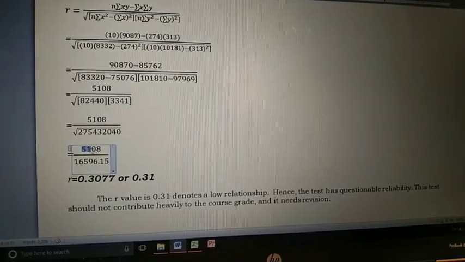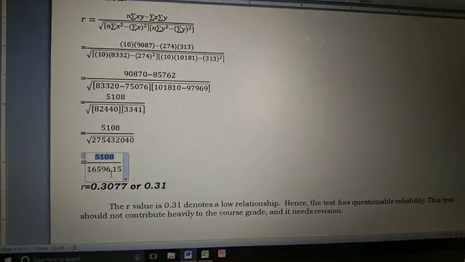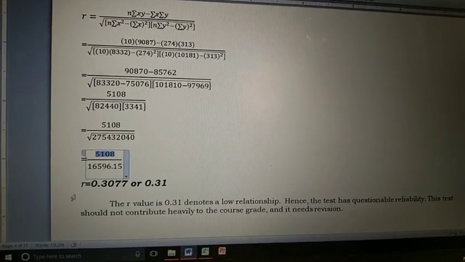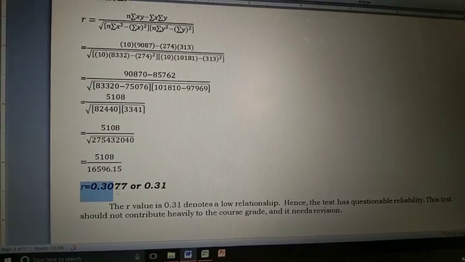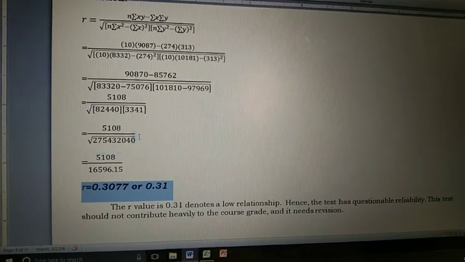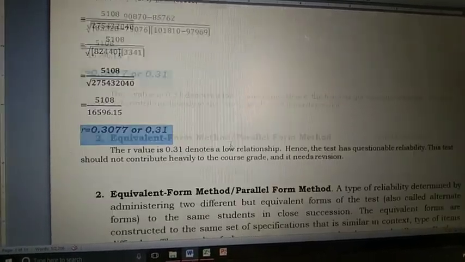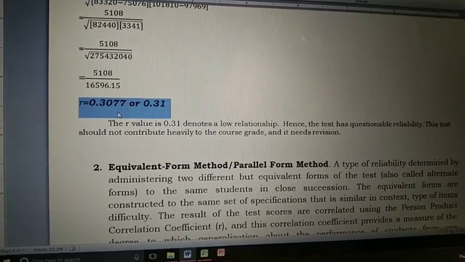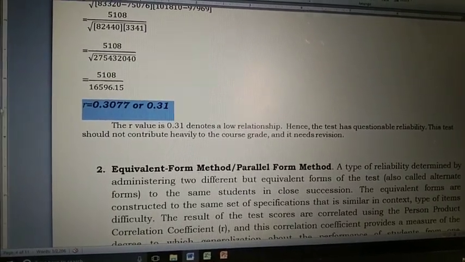So 5108 divided by 16,596.15. So we have the reliability or the result of our test-retest for this sample, 0.3077.